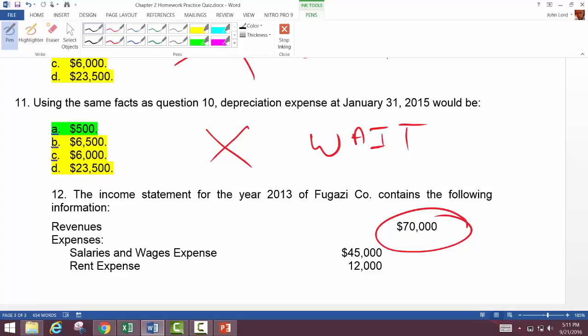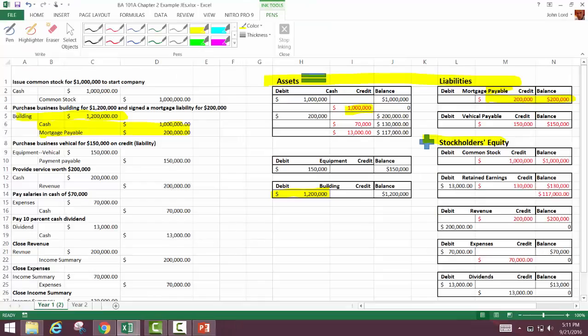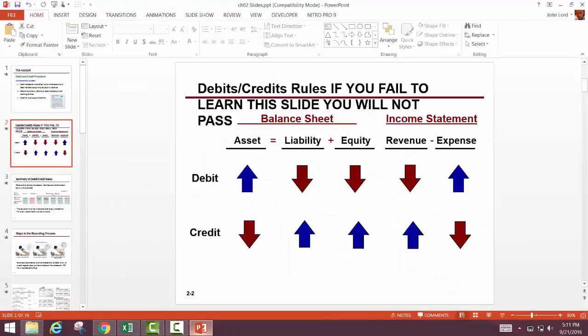All right, so let's go ahead and look at the slides. Can I close this now? Yeah? Okay. I'm not going to save that because you can see it, and I'm going to get us into the slides for Chapter 3. Again, guys, very important slide, right? You're getting why I'm saying that now, right?